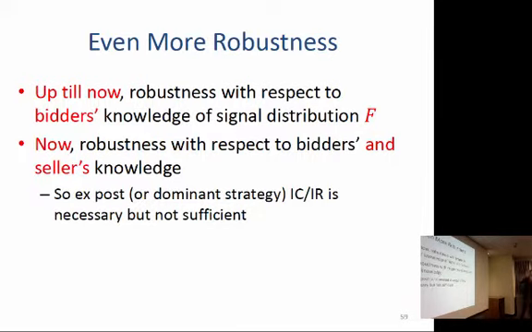Up till now, we've been looking at robustness with respect to the bidders' knowledge of the signal distribution. From now on, we're going to require the same robustness to the beliefs on the signal distribution, but also from the seller. So this ex post ICIR requirement is still going to be necessary, but it's no longer going to be sufficient.